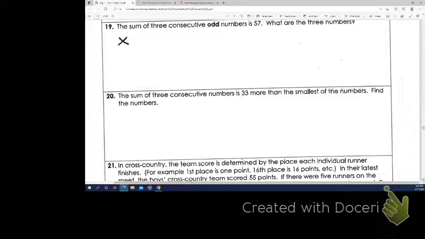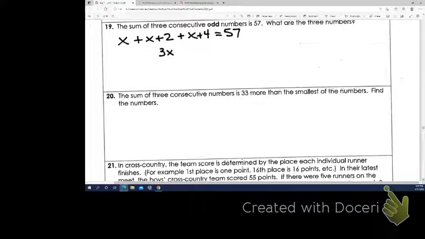So here's my first. My second is x plus 2. It's 2 more than the first. And my third is x plus 4. And the total is 57. So then I'm going to combine my like terms.